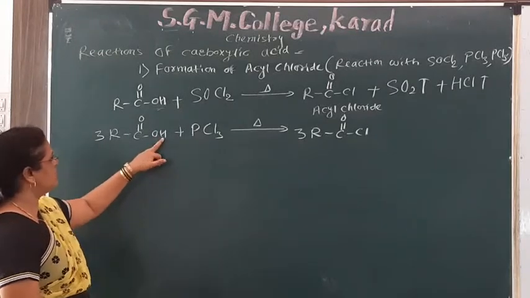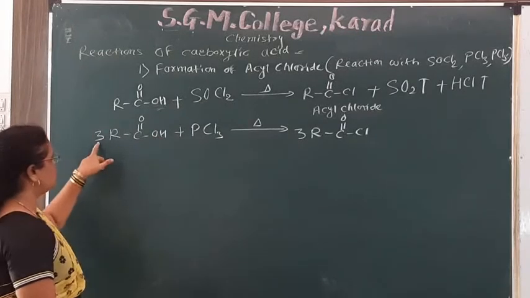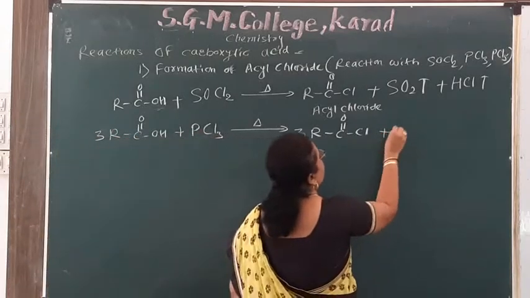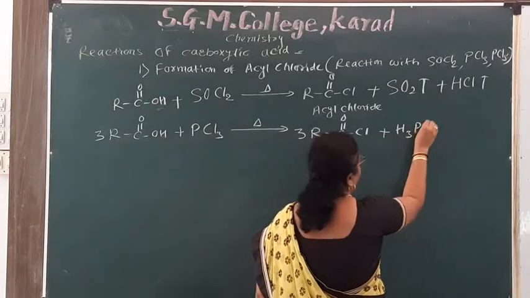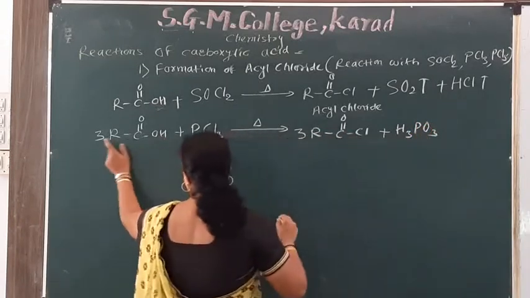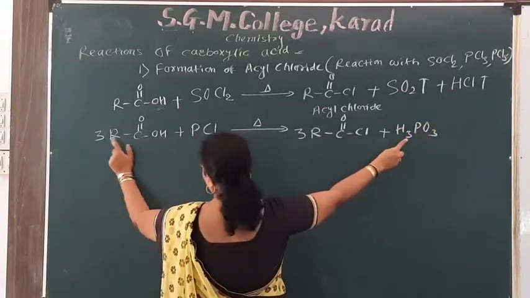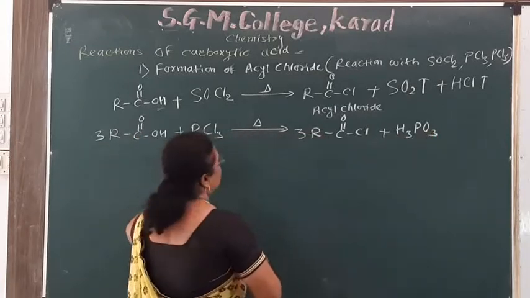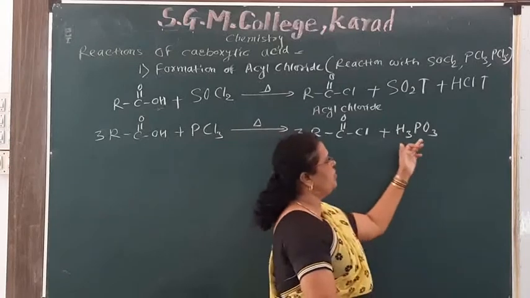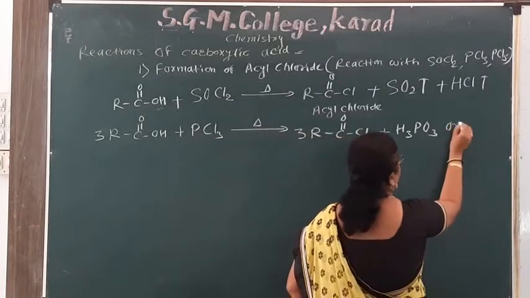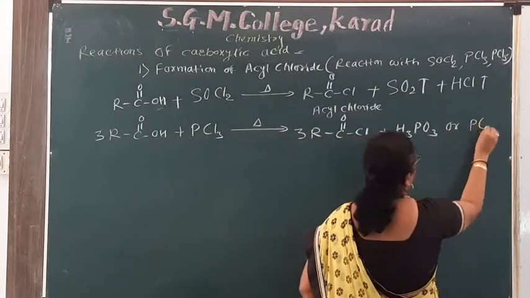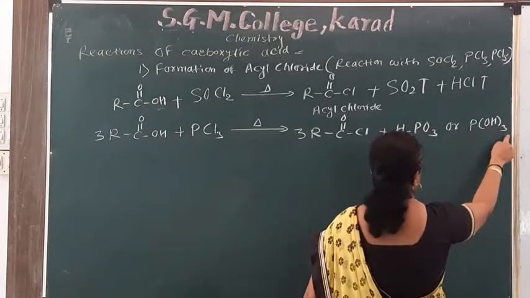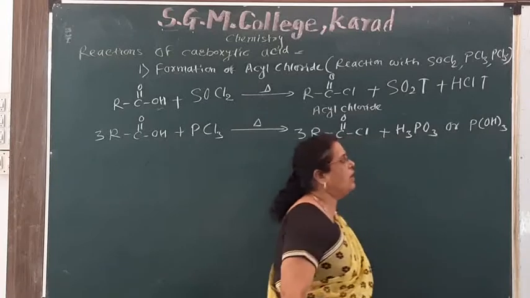Remaining are these 3 hydrogen, 3 oxygen and 1 phosphorus. Then we get here H3PO3, or this is also written as P(OH)3, oxygen 3 times, hydrogen 3 times and phosphorus 1 time.